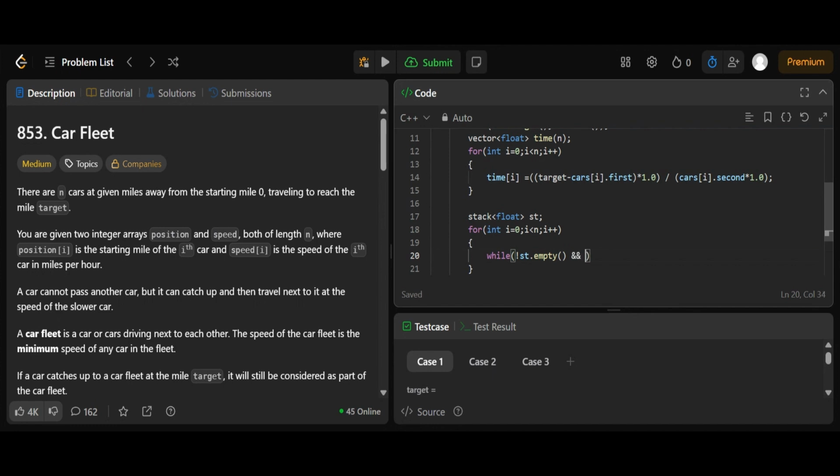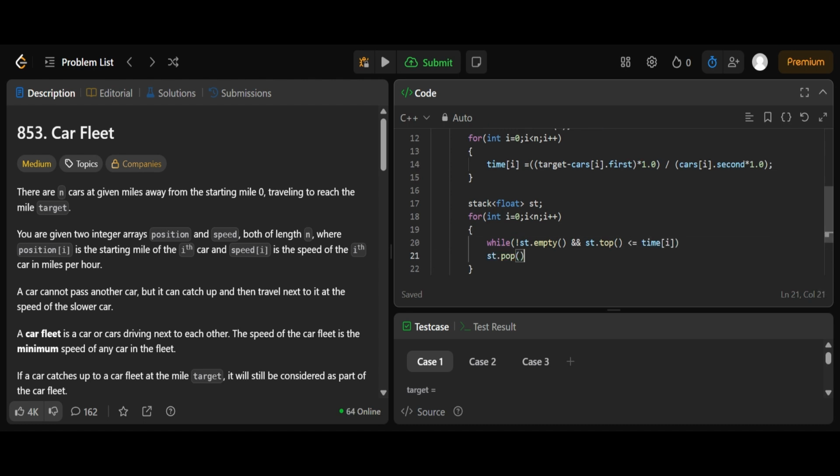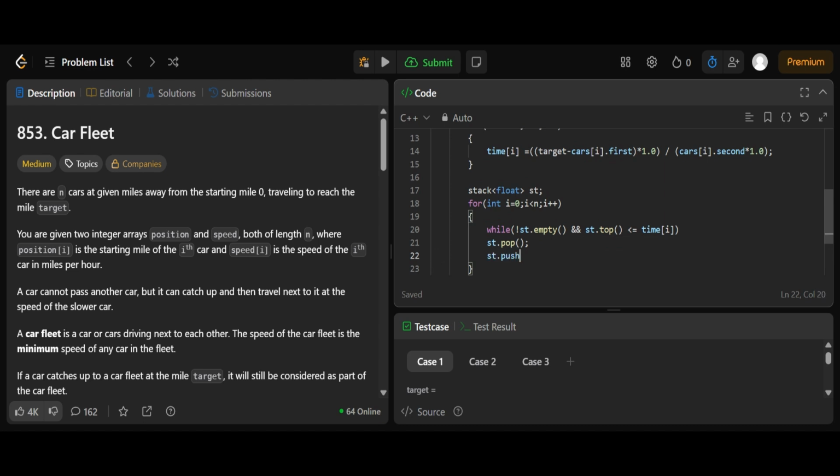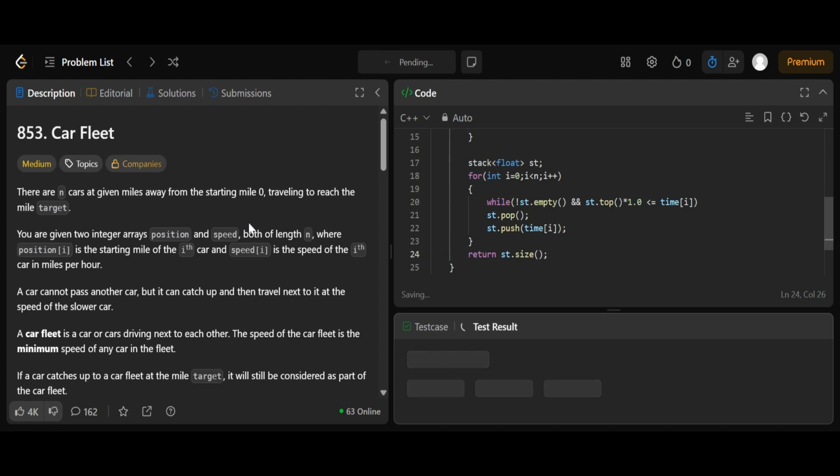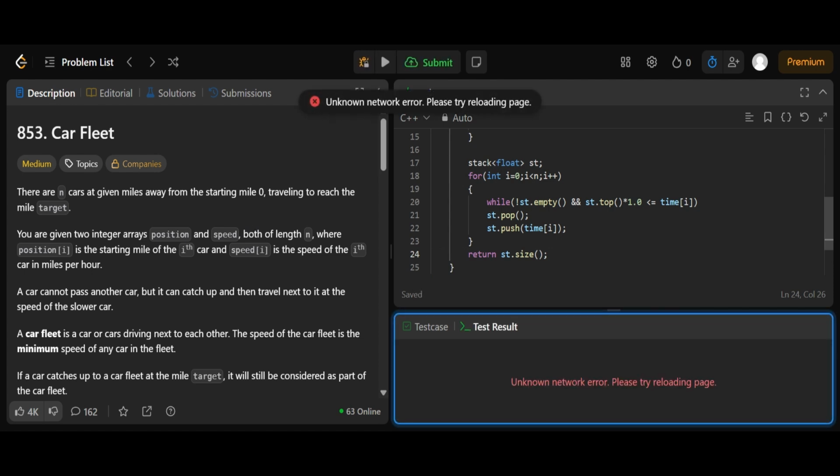We have seen. And stack dot top is less than or equal to time of i. If that is the case, I'll pop it out and I'll push the time of i inside this. Okay, for better understanding we can multiply 1.0 here also, but anyway the stack is float still. And now we have to return just what? The size of the stack, that is the total number of fleets which is possible.